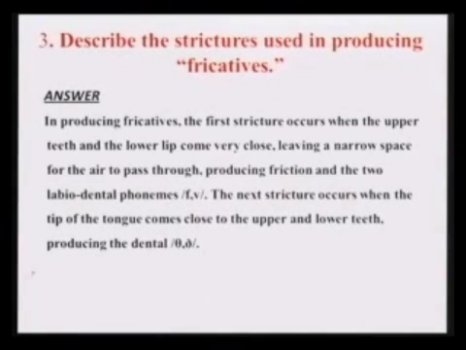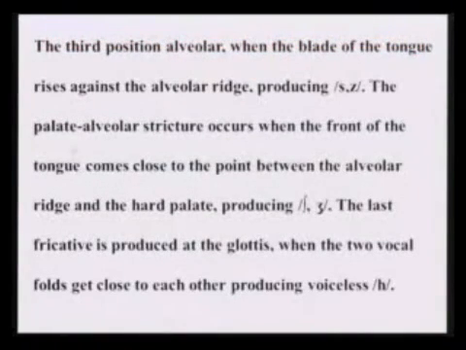The next stricture occurs when the tip of the tongue comes close to the upper and lower teeth, producing dental th, voiceless and voiced. The third position is z, and then sh, and then h. These are the fricatives of English.